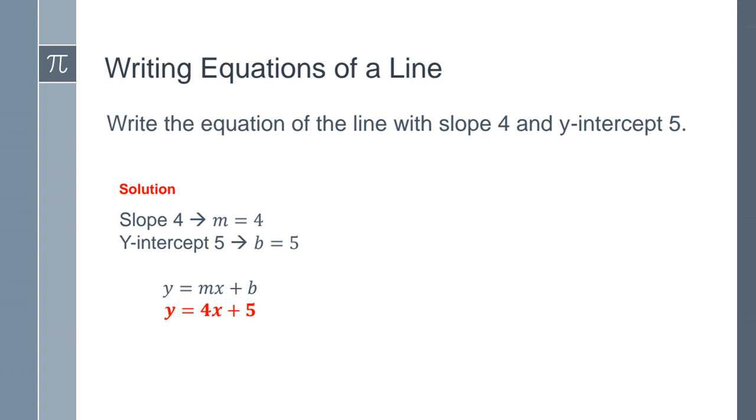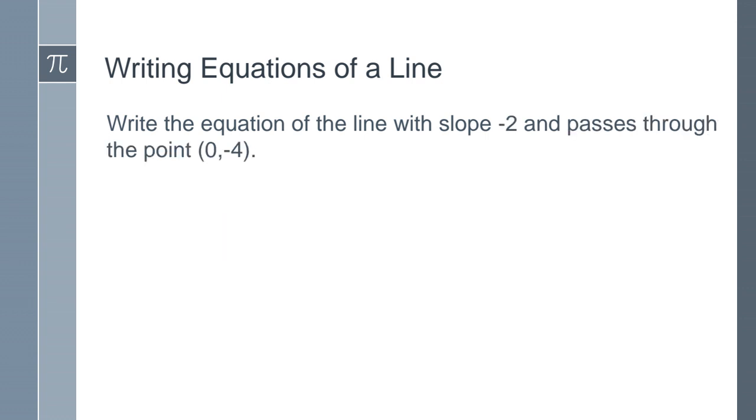All right, so let's look at the second example. It says write the equation of the line with a slope of -2 that passes through the point 0, -4. Oh, excellent. This allows me to use that second form of lines that we have, called the point-slope form. First, let's find out what they're giving.